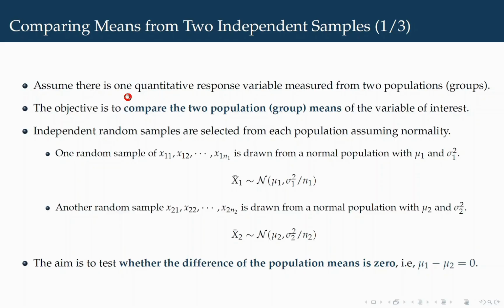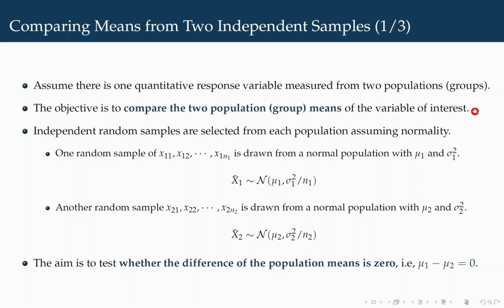The quantitative variable is the outcome of interest, the variable considered as a dependent or response variable, and the qualitative variable is the one having only two categories, a binary variable. Therefore, the two populations or groups represent the categories of the binary factor variable, or the binary independent variable.